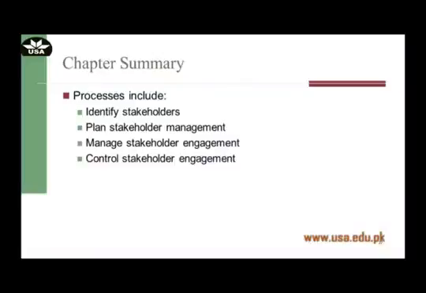In this very chapter, we have discussed very important things. We have identified what stakeholders are, or what is meant by being a stakeholder. We have also identified how we can develop a list of all the multiple stakeholders. We have also developed a plan for how we can use the power and interest grid in order to categorize all of these stakeholders, and how we can use the stakeholder engagement matrix in order to identify and predict what the level of engagement with each and every stakeholder should be.